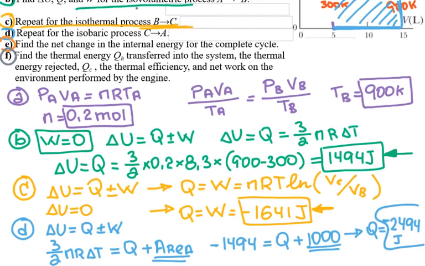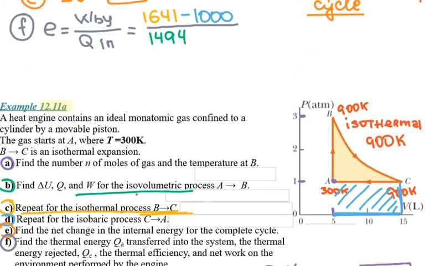So in this case we had the heat taken out of the system, which was 1641, so that goes in the denominator, 1641 for the heat, and I'm gonna add this because that's all the heat energy that was used in the system during this process. So that will give me 641 divided by 3135.